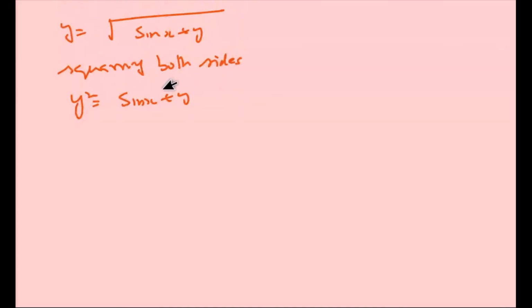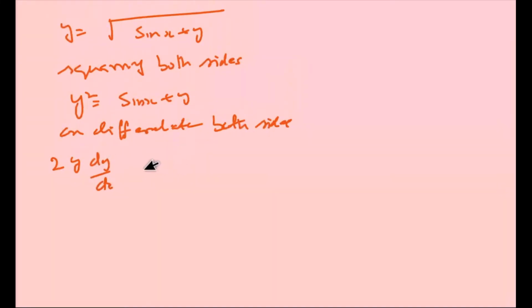Okay, so now we can differentiate both sides. Y square differential is 2y dy by dx, implicit function. Differential of sine x is cos x, differential of y is 1 and dy by dx.